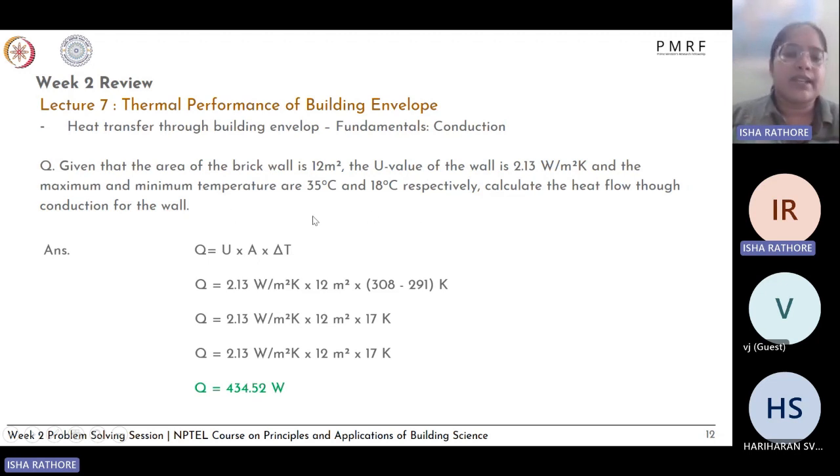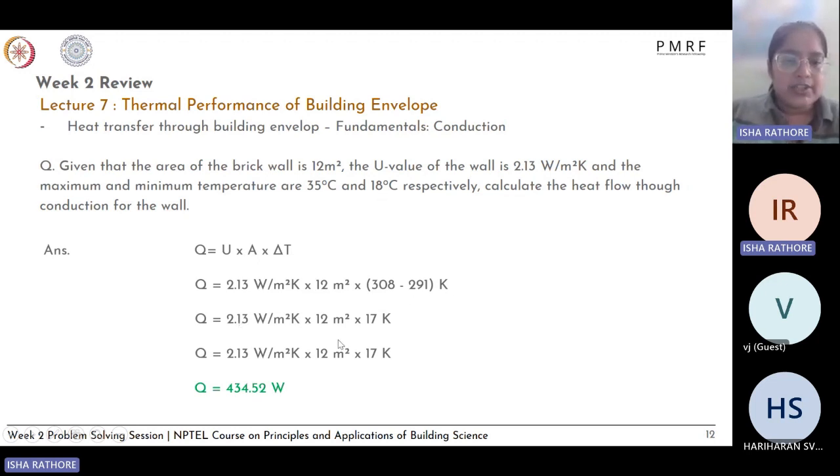Although, because it is delta T, delta T can be in degree centigrade or Kelvin, because Kelvin is just adding 273 to the degree centigrade. It does not directly affect the outcome of your result if you don't convert it to Kelvin and just use delta T in degree centigrade also. So we converted the temperatures into Kelvin: the highest temperature, 35 degrees, is 308 Kelvin, and 18 degrees is 291 Kelvin.